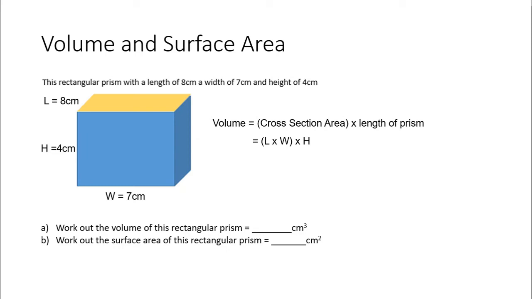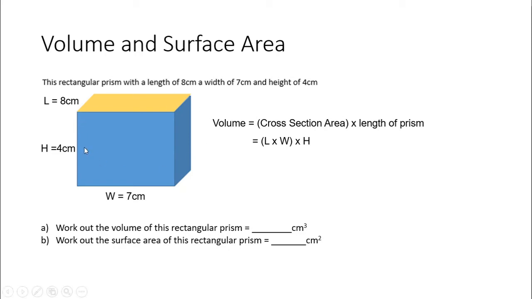That is only the case for rectangular prisms because the cross-section area is a rectangle, so it's going to be length times width. In the case of a triangle, as we discussed, it wouldn't be length times width, it would be base times height divided by 2. Okay, so making that clear, let's go on.